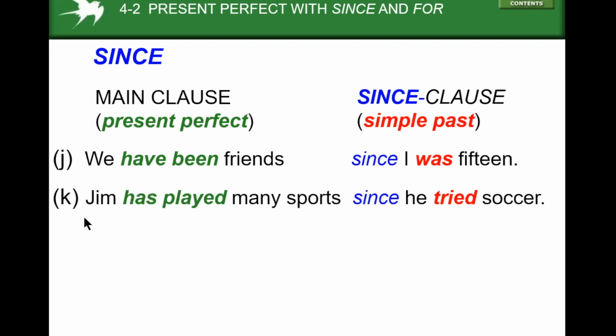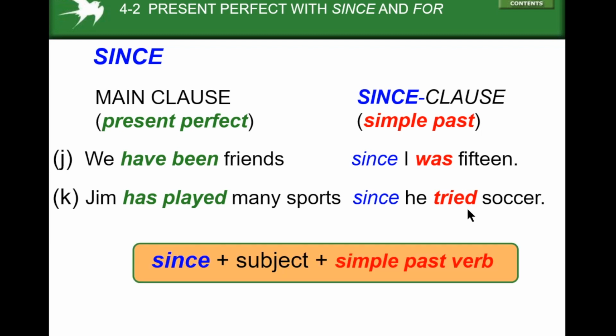Another example is Jim has played many sports since he tried soccer. So it is important to remember that since can be followed by a subject and a verb, but the verb should be simple past in the since clause.